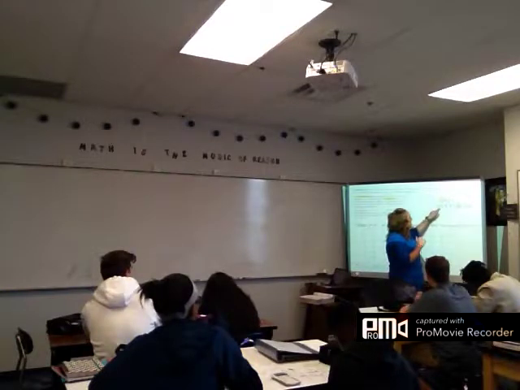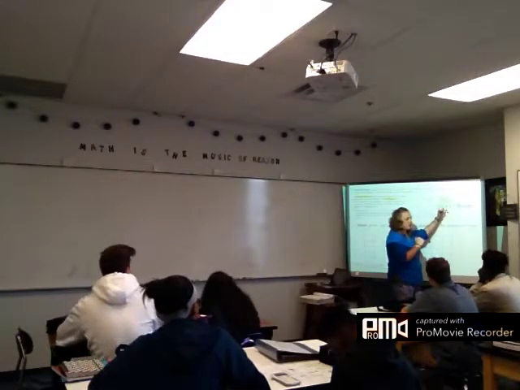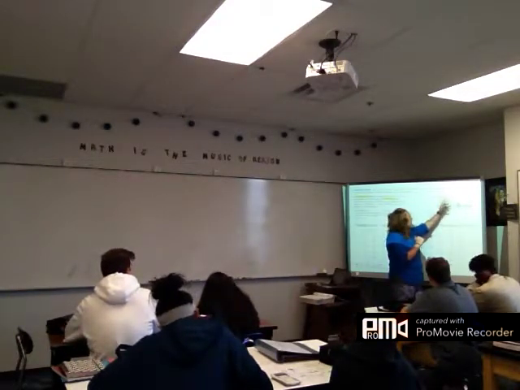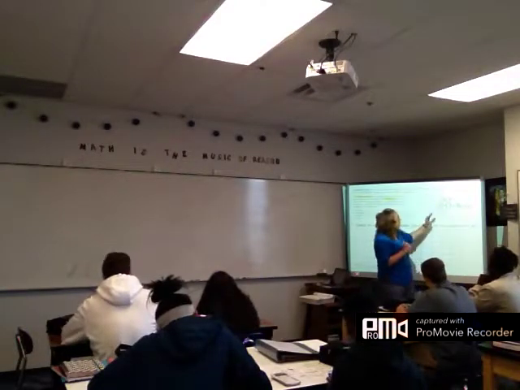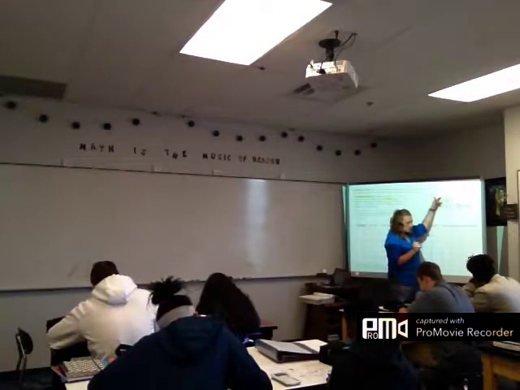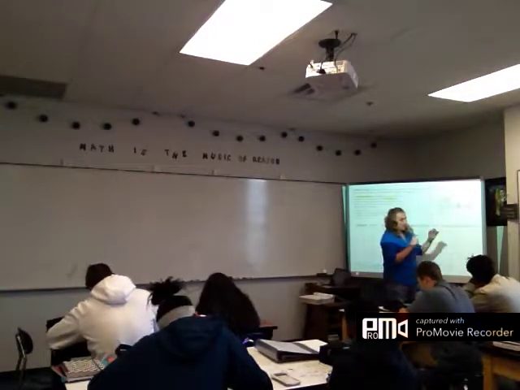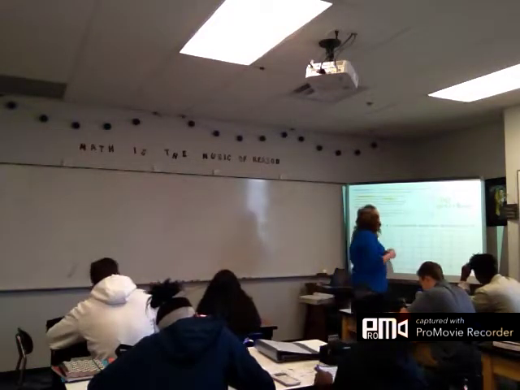Whatever h is, it's opposite when you're doing it. But y stays what it is. So if k is negative, y is negative. If k is positive, y is positive. If h is negative, x is positive. If h is positive, x is negative. And that's my vertex point. So that's my starting point of this graph.